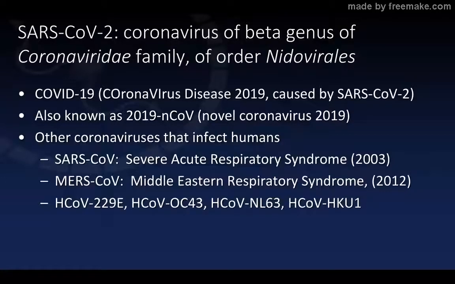I also want to point out that there are multiple other coronavirus strains that infect humans. We saw the emergence of SARS, the original SARS-1, in 2003, and also Middle East Respiratory Syndrome in 2012. And there are strains of coronavirus circulating in the population that give rise to seasonal URIs.